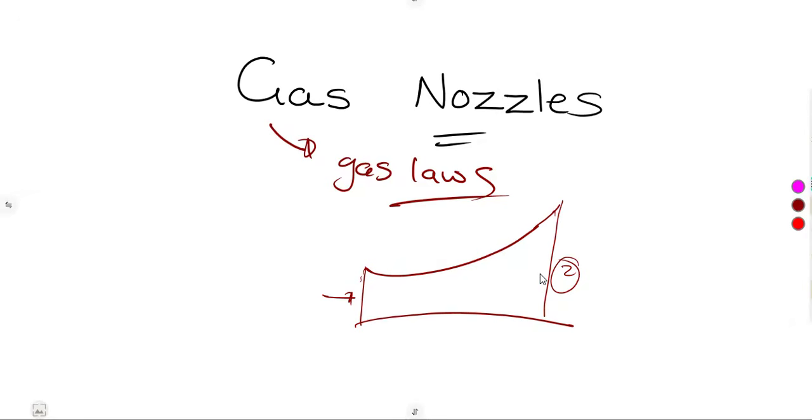So the question is how? In this convergent divergent nozzle, in terms of the pressures, how are the pressures going to be given?